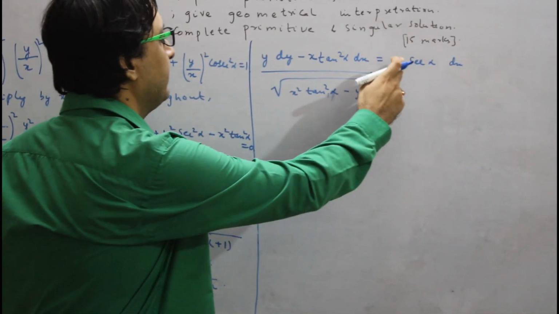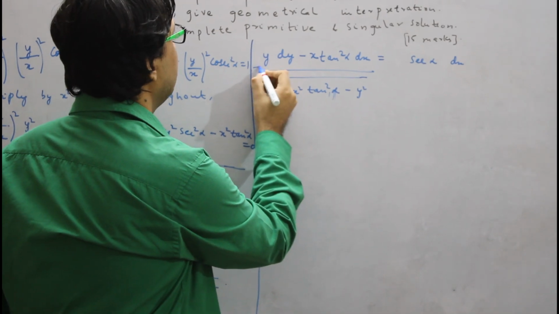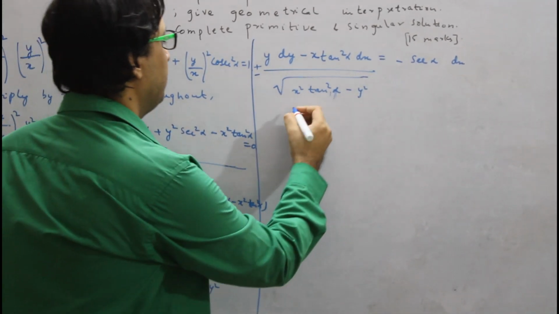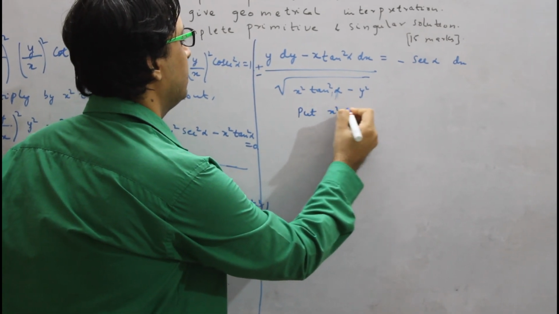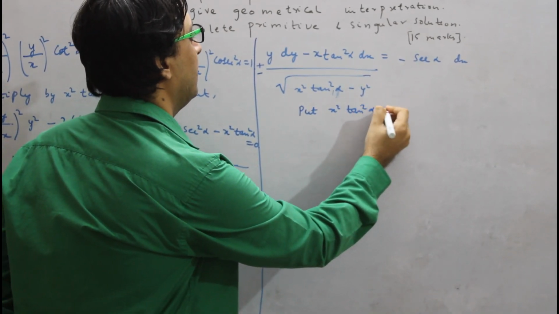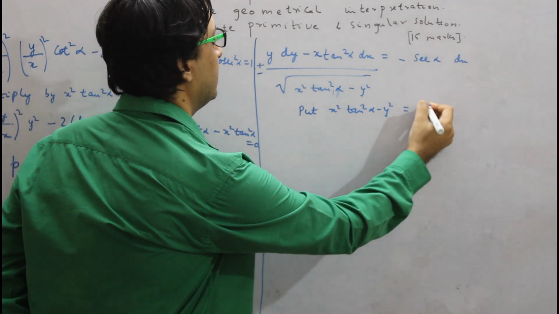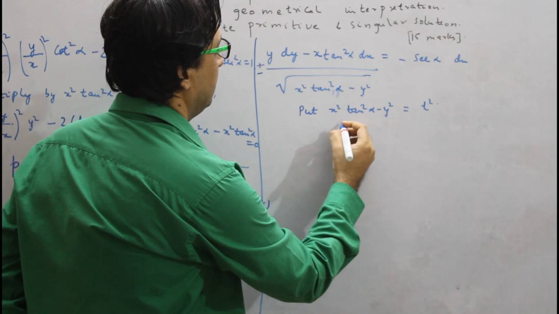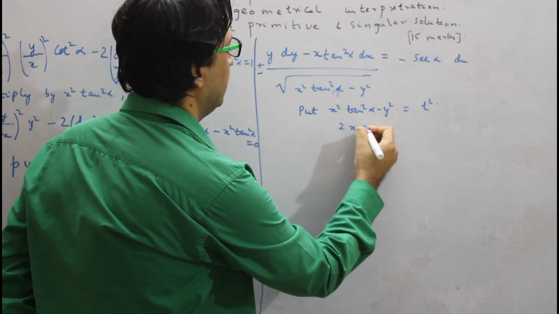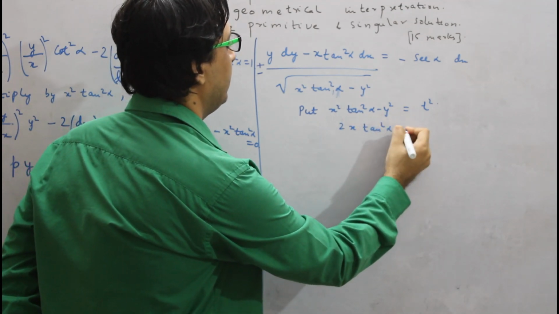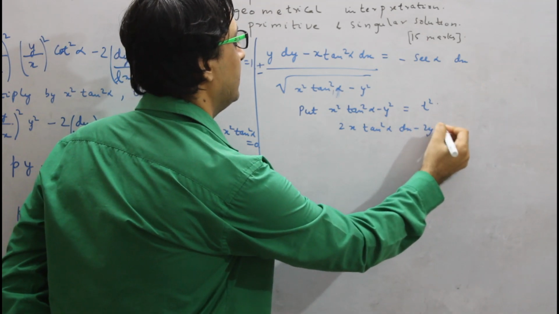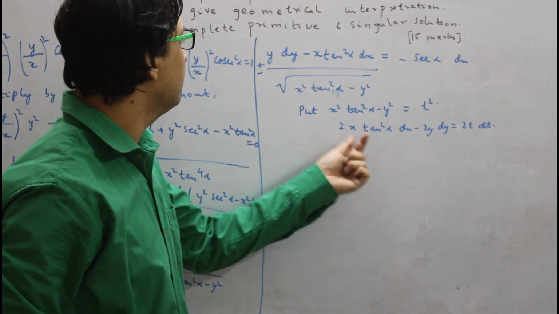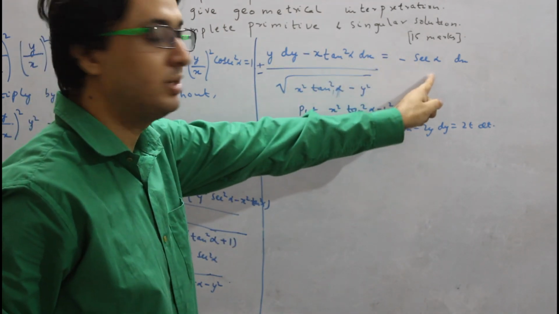So we can bring this side over here, and we can write this as minus, and if we put x square tan square alpha minus y square equal to say t square, then we get 2x tan square alpha dx minus 2y dy. So this is the minus sign of this, so we have sent the minus sign over here.